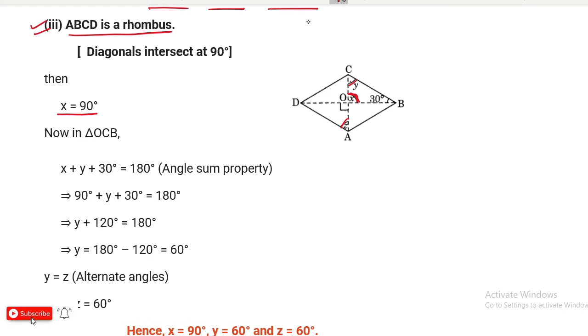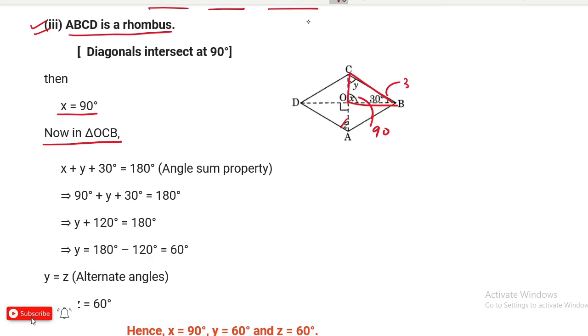Now in triangle OCB, where is the OCB? Here is OCB. This is the triangle O, C, and B. In this triangle we find the value of y. Here x is 90.